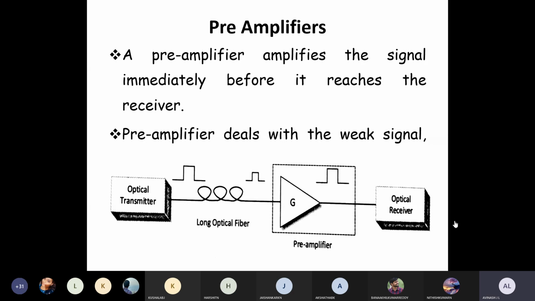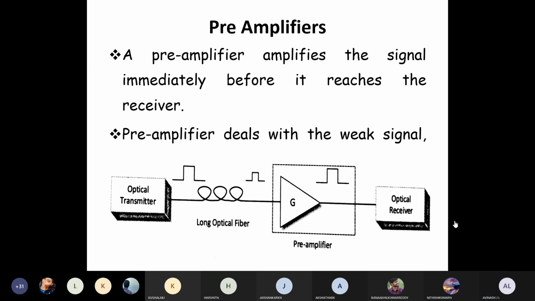So once we understand that the signal strength needs to be increased, what is the next thing we need to do? We have to adjust the gain to a positive value. The weak signal becomes a strong signal, and what happens?